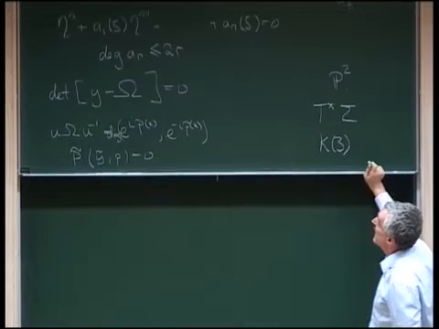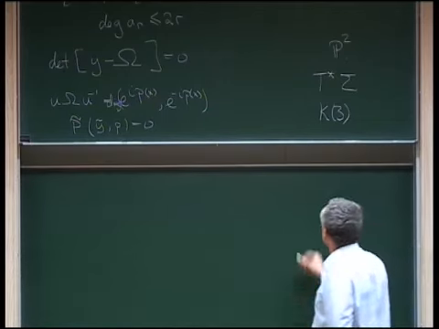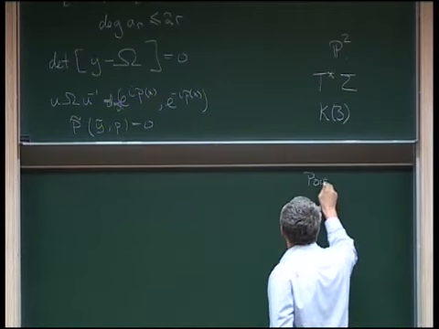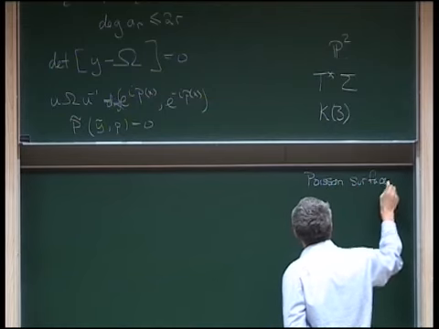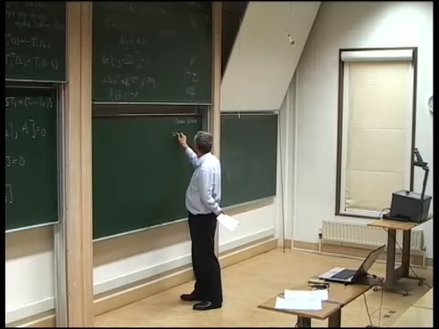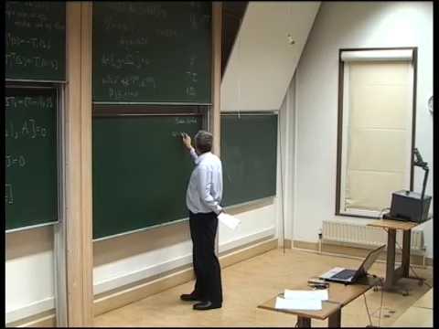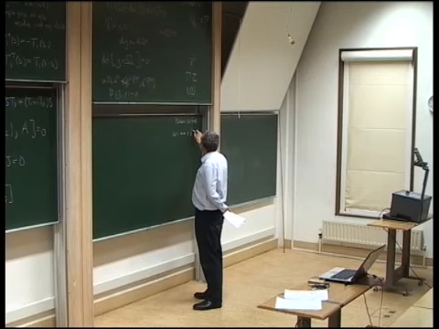Tim Hollowood and I have a nice one with abelian surfaces. All that's needed is that you have a Poisson surface. And the reason I mention this is that, again, there is a strong connection between separation of variables and the Hilbert scheme of points, of a certain number of points on our surface.